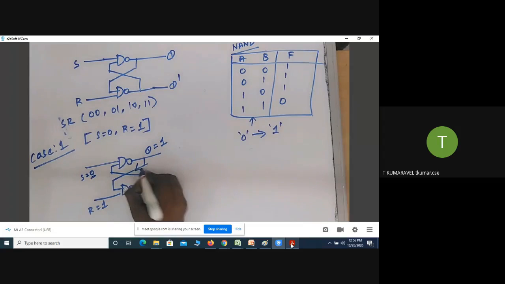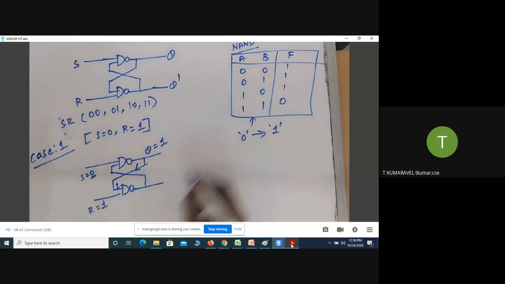This is the input for this one. So 1 1. Look at the table. What is Q bar? Q bar equal to 0. If both inputs are 1 1, okay, both inputs are 0 1.